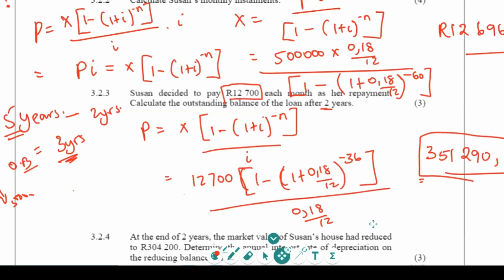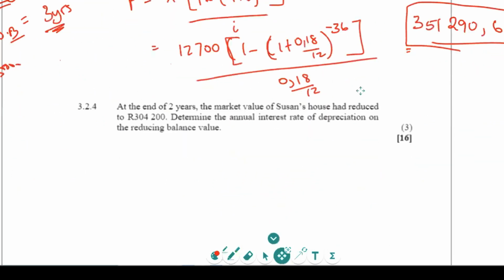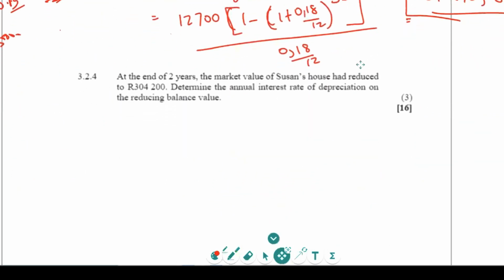3.2.4, they're telling us that at the end of 2 years, the market value of Susan's house had reduced to 304,200. Now they want us to determine the annual interest rate of depreciation on the reducing balance. So we need to differentiate between reducing balance and the growth, or even simple depreciation.